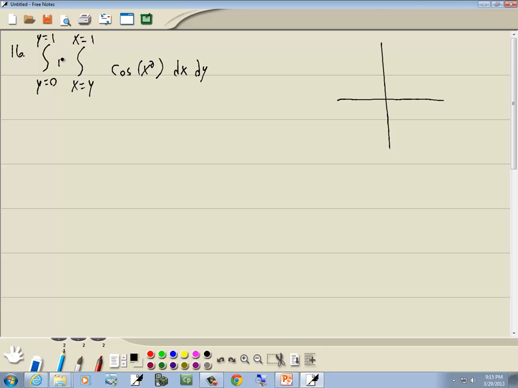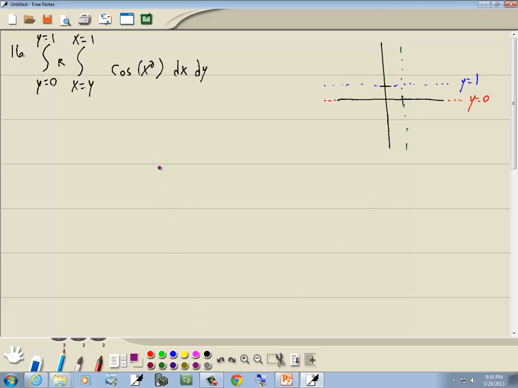our region out here. So let's go from y equals 0 to y is equal to 1, which is right here. And then we have x equals 1, like that.